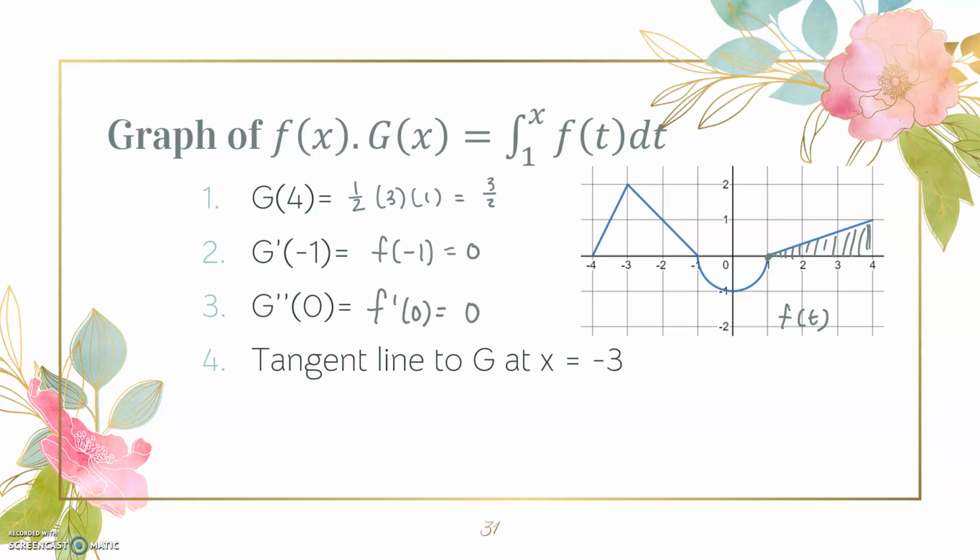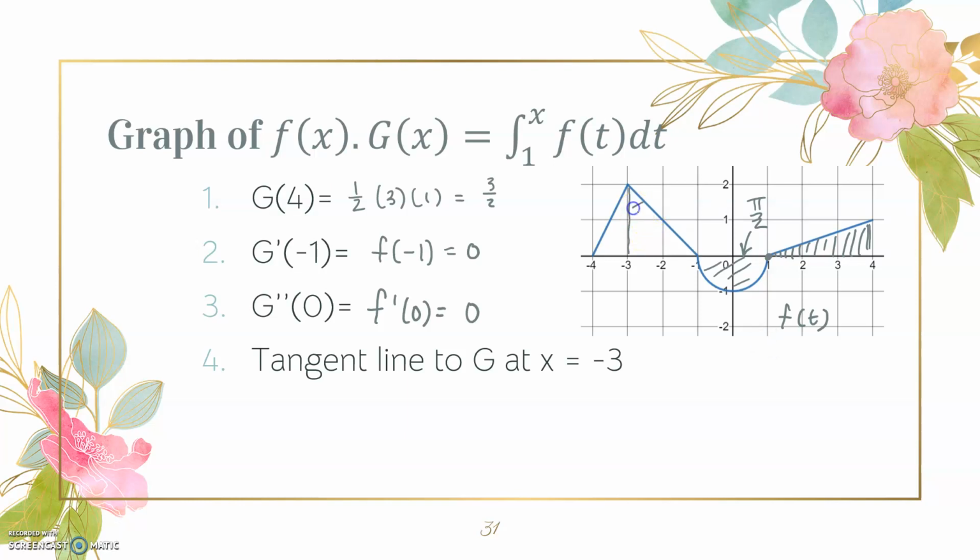So if I want to write an equation for a tangent line to g at x equals -3, that means I need to accumulate area from 1 backwards to -3. Since it's backwards, the area below the x-axis, which is a semicircle with an area of pi over 2, is going to count as positive because it's below the x-axis, but I'm going backwards.